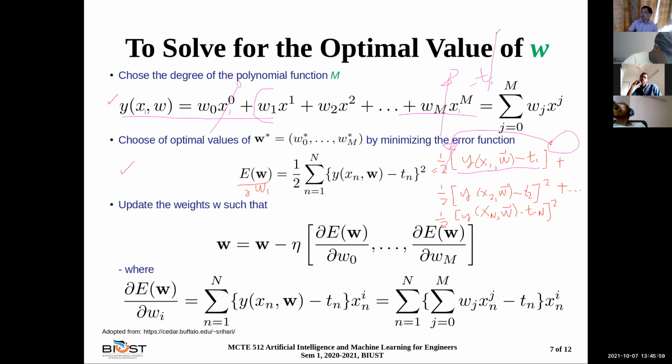Okay, so you are remaining with this one. Partial of this with respect to W1, this one will cancel, and you're remaining with x1 to the 1.